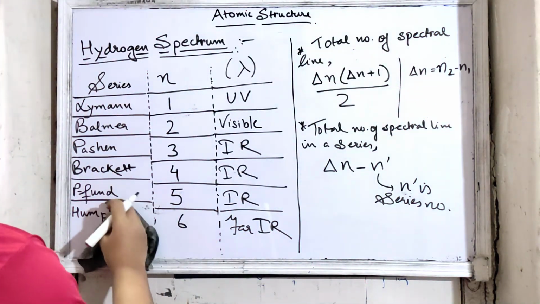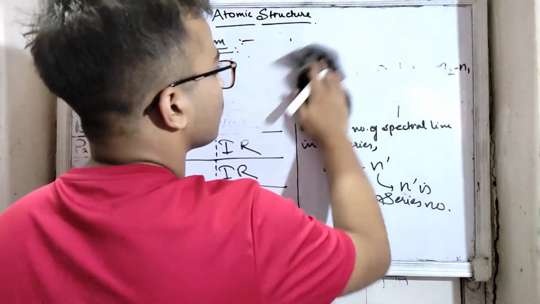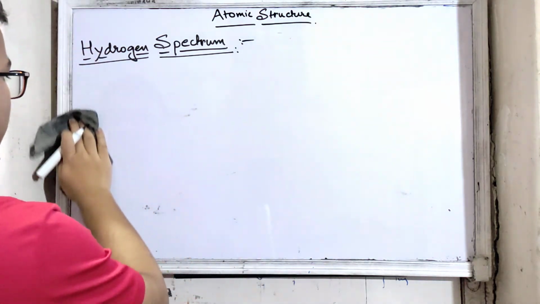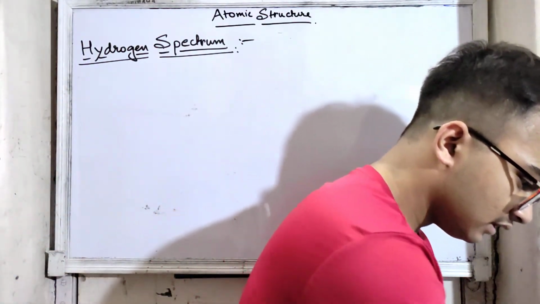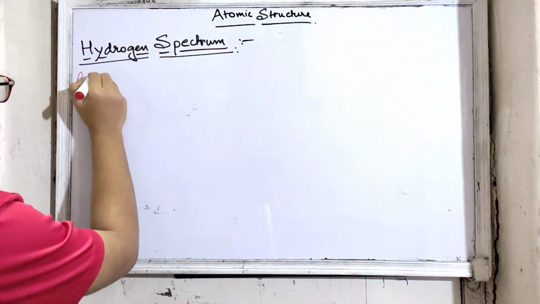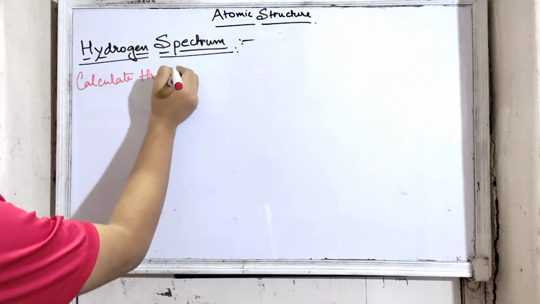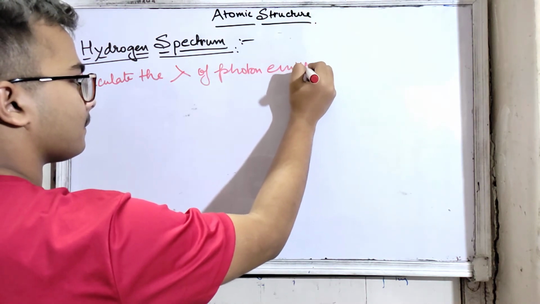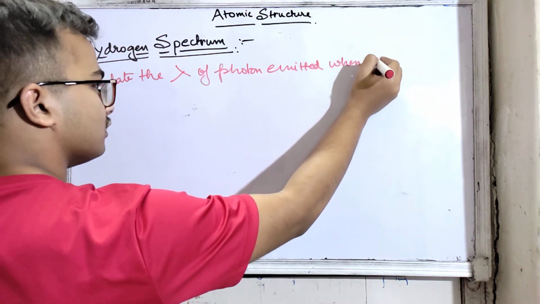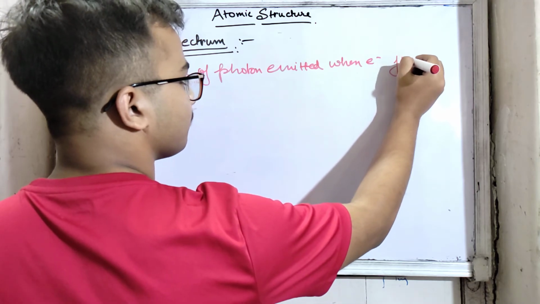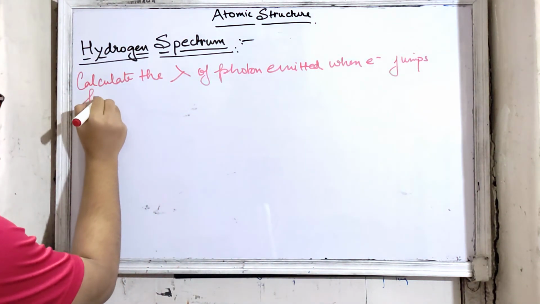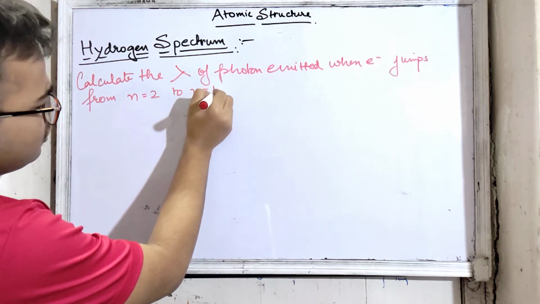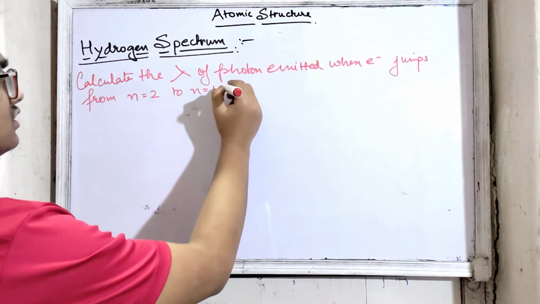Give the heading numericals. Okay. So give the heading: calculate the lambda of photon emitted when electron jumps from n equal to 2 to n equal to 1 in H atom.